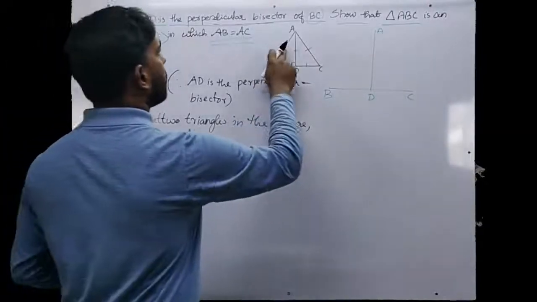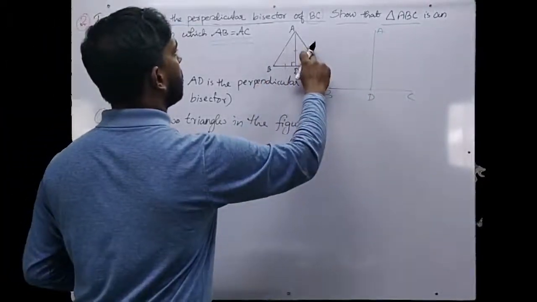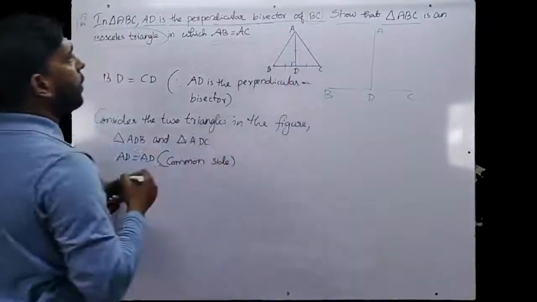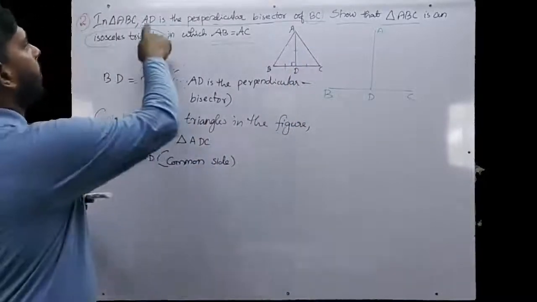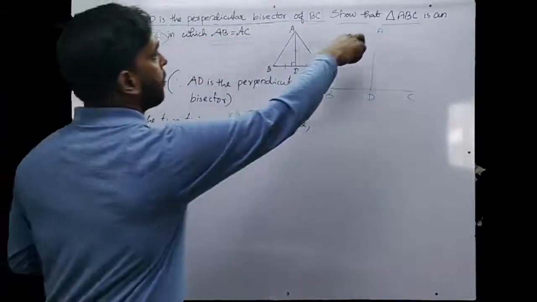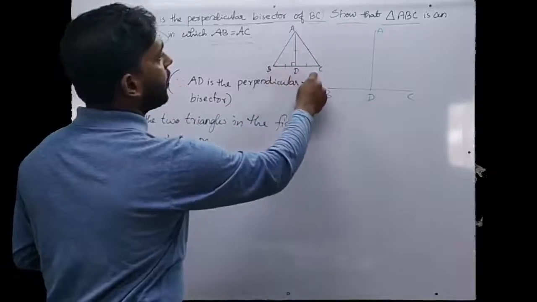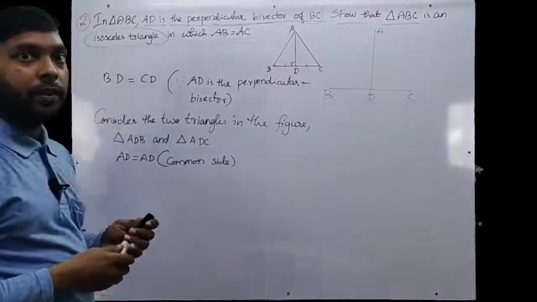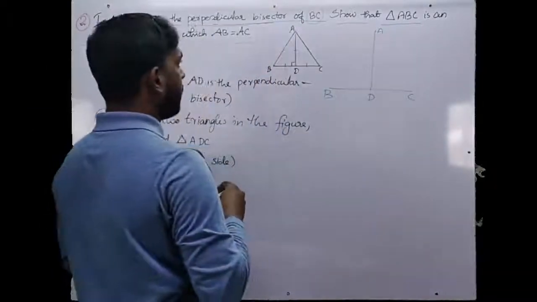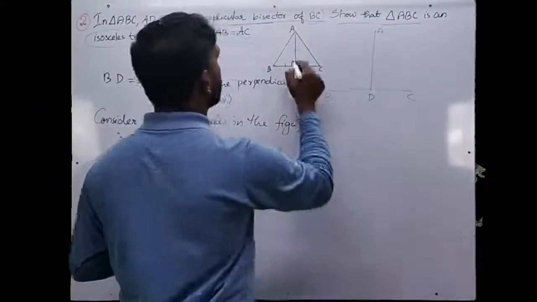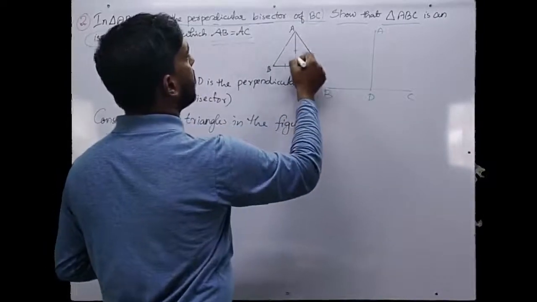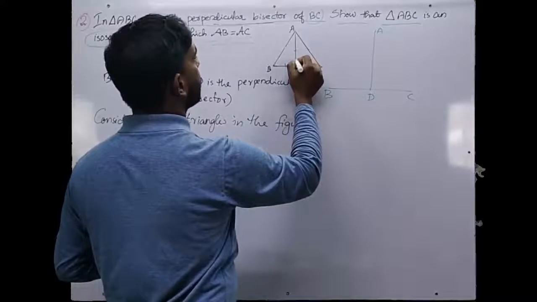Also we know that since AD is the perpendicular bisector, it is perpendicular to which line? BC. Since AD is perpendicular to the line BC, we can say the angles ADB and ADC are 90 degrees each.